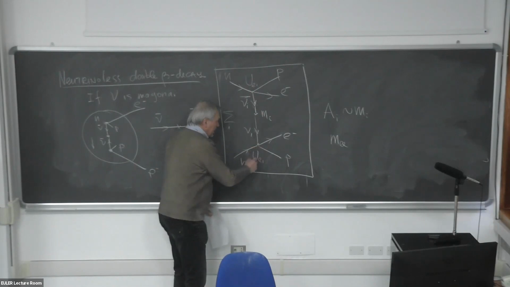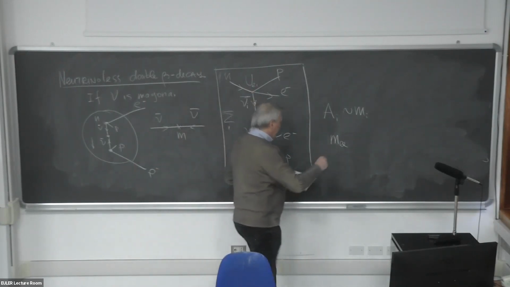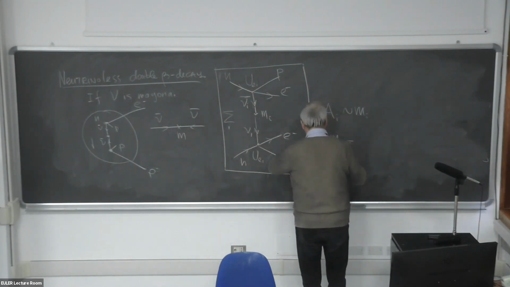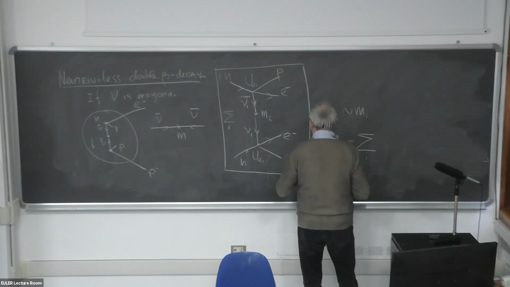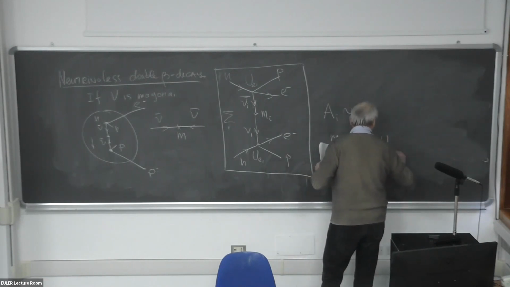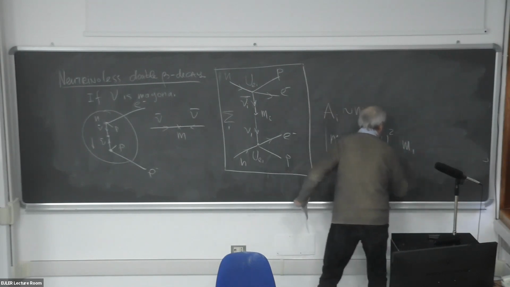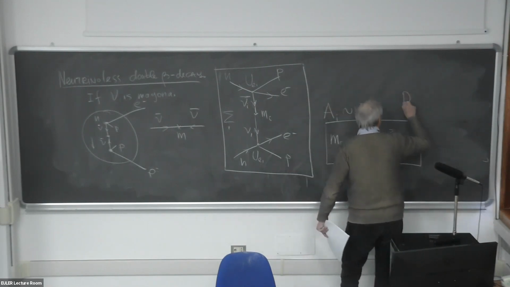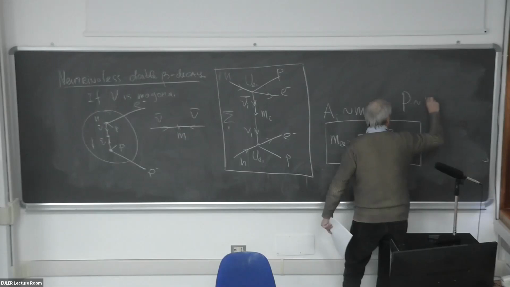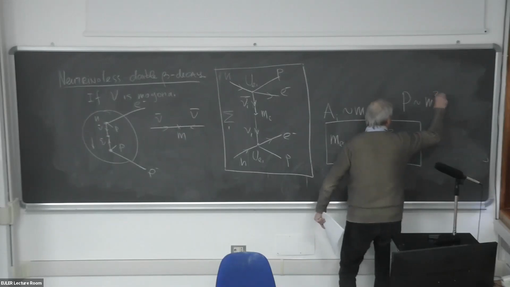What is important is that they are not conjugate, so it enters squared, and therefore we can introduce the effective mass, which is given by the sum over the mass states, U_ei squared multiplied by m_i. So we introduce such a parameter and say that the probability of beta decay is proportional to m_ee squared.